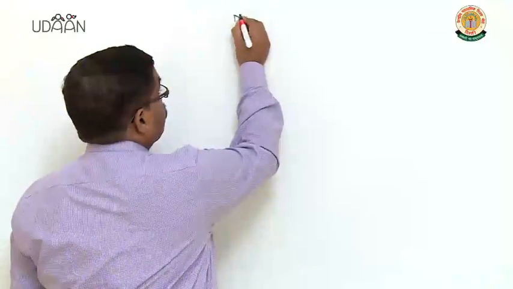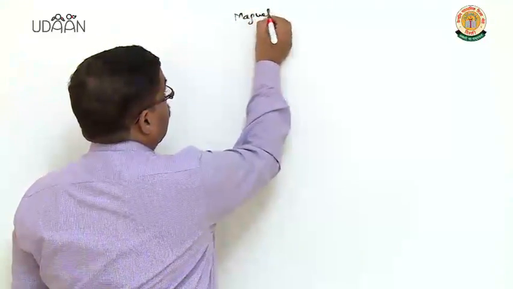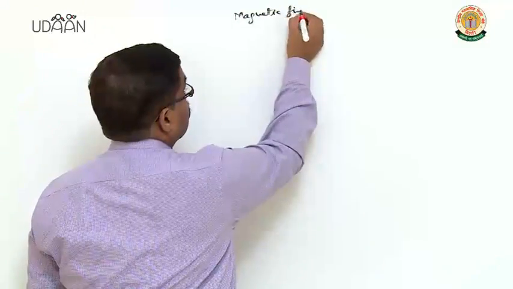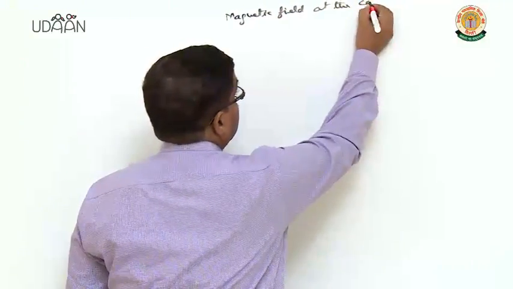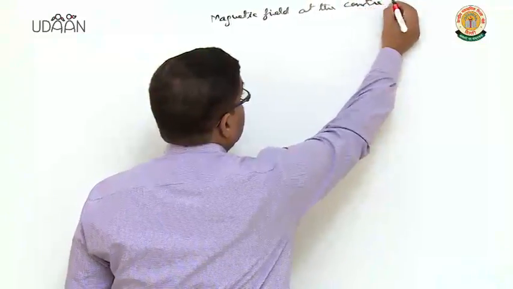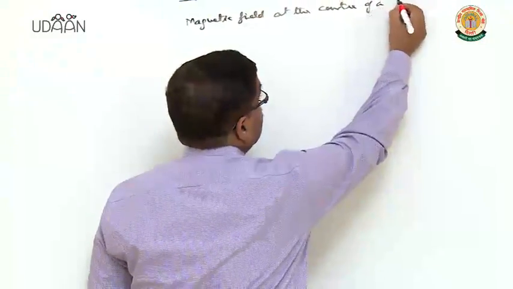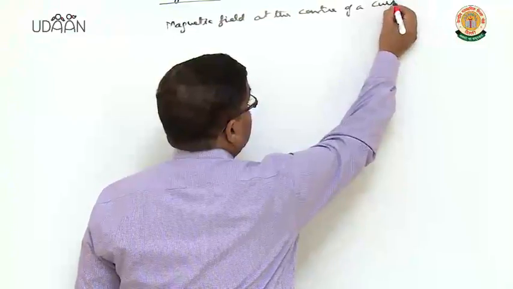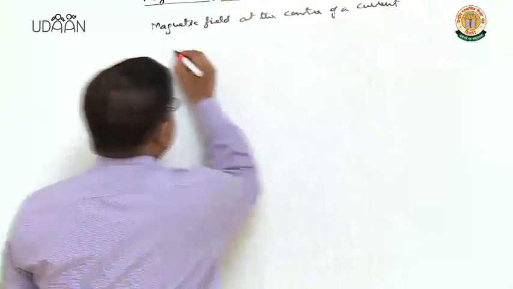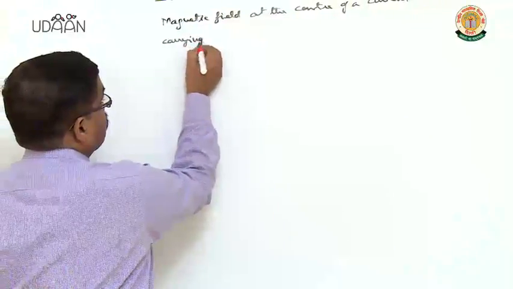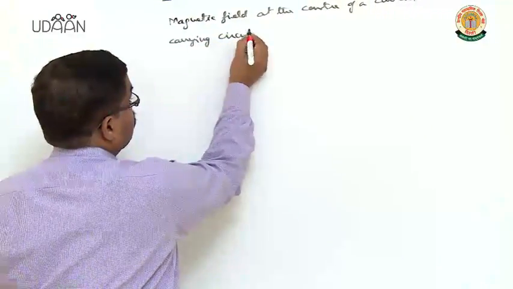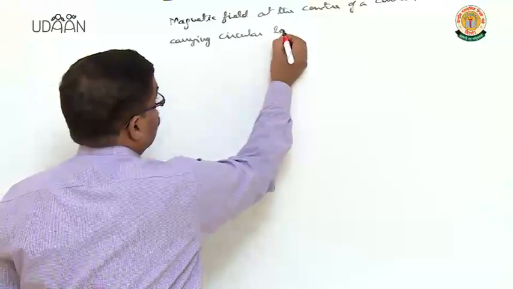Now we'll study the application of Biot-Savart's law: magnetic field at the center of a current carrying circular loop.